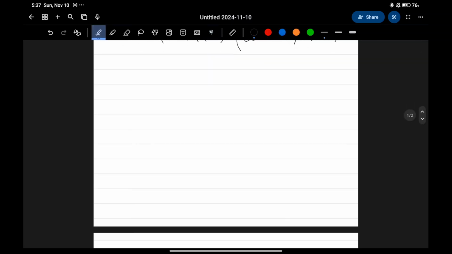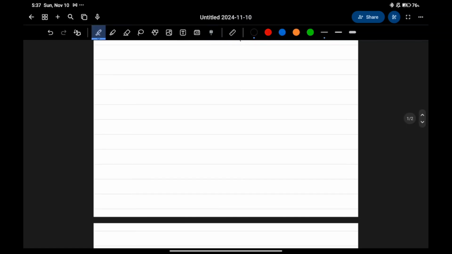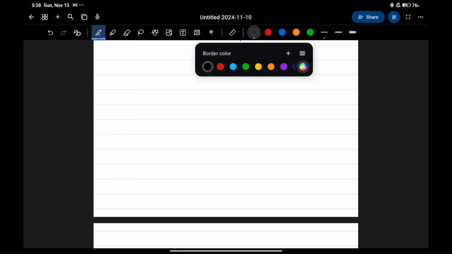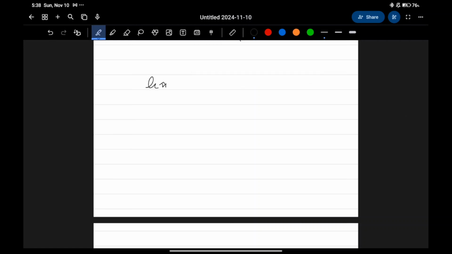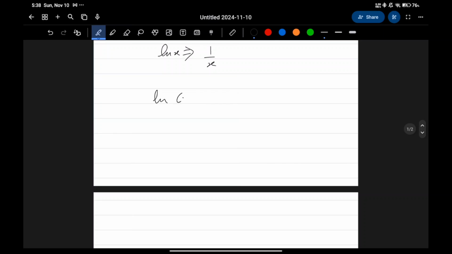All right. There are some basic derivative rules, the differentiation rules that you need to know. For log differentiation, if I have ln of x, natural log of x, it becomes 1 over x if I differentiate it. Okay. If I have log of x squared, I'm again going to use my chain rule.